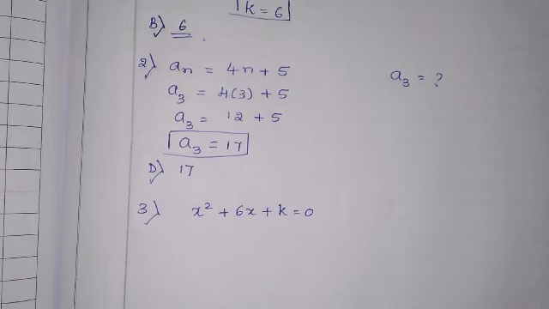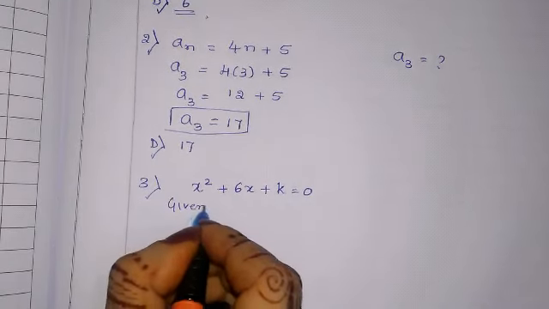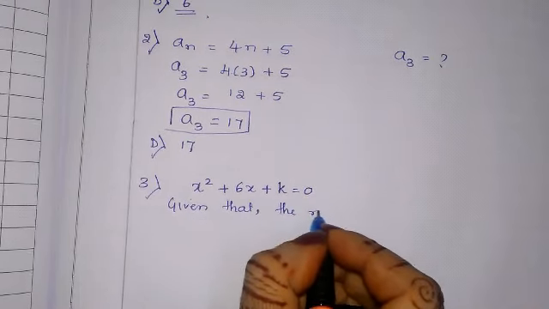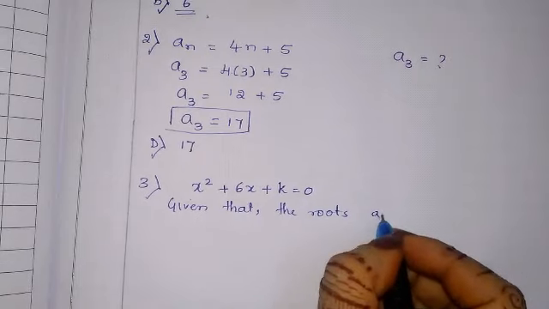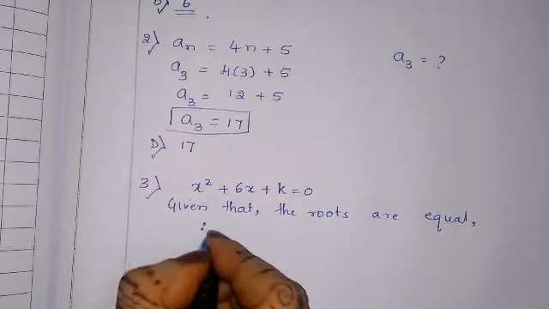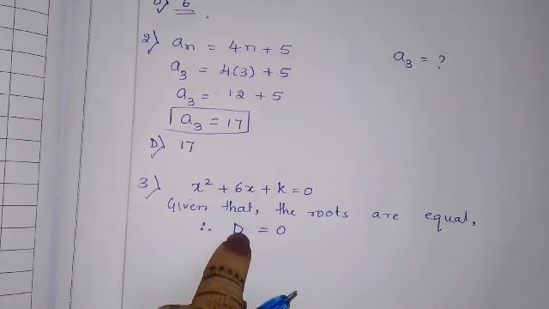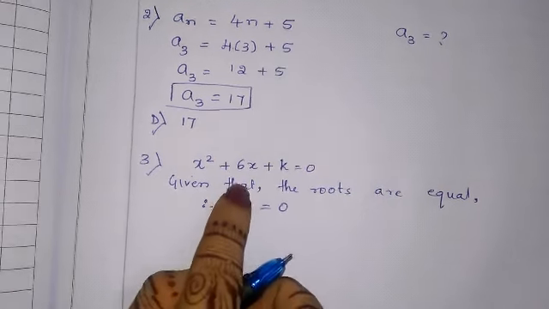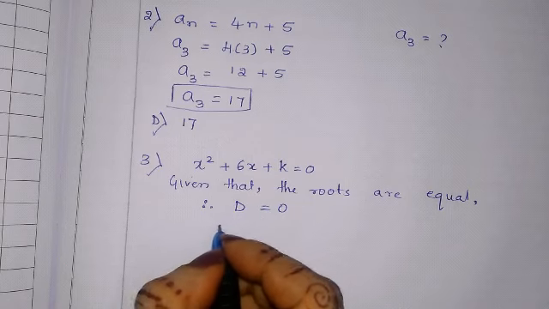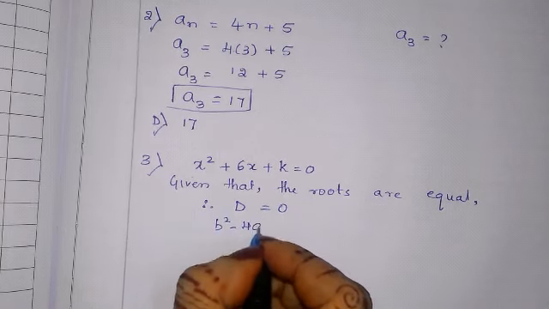So what we have to write? Since the roots are equal, therefore d equal to 0. D means what? This is the question from quadratic equation, that is d is nothing but discriminant. D is equals to b square minus 4ac.